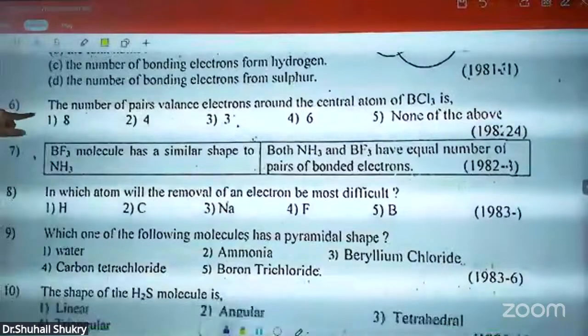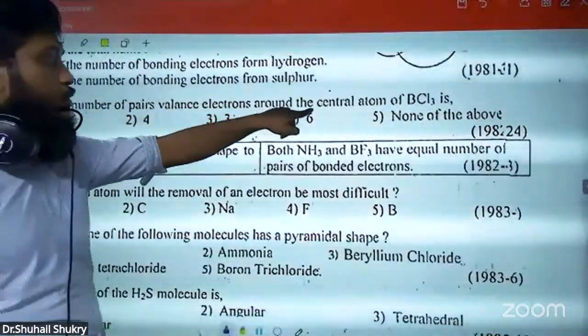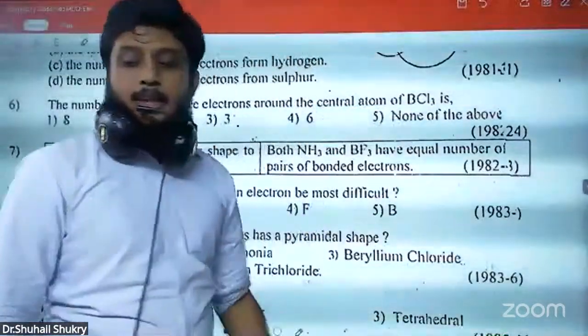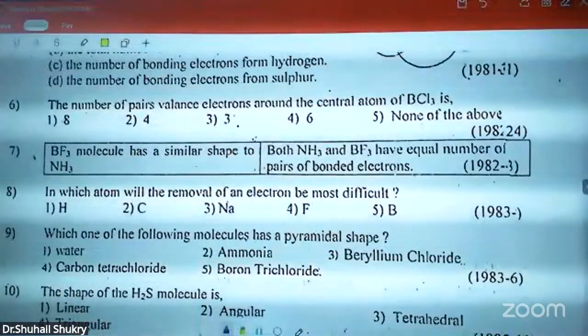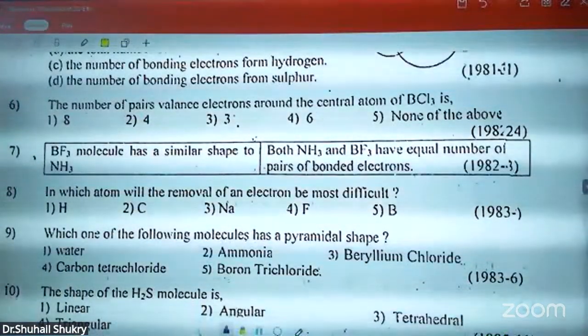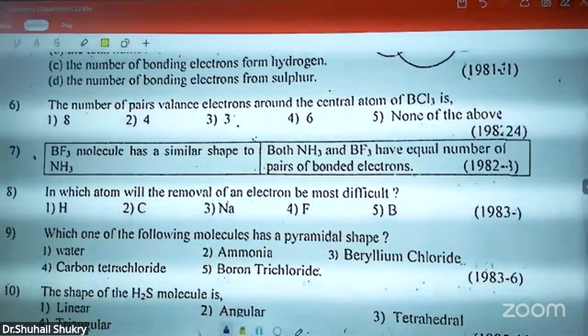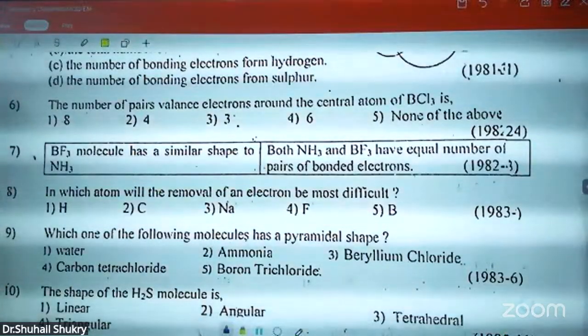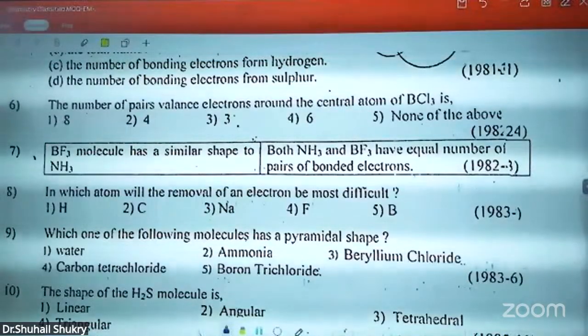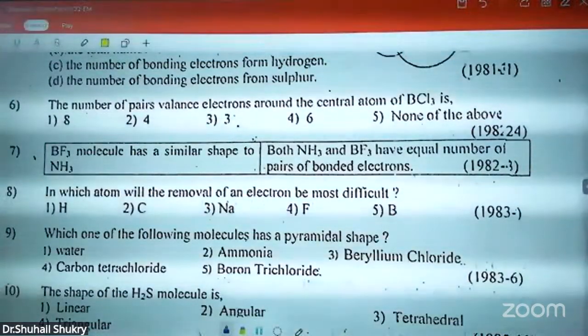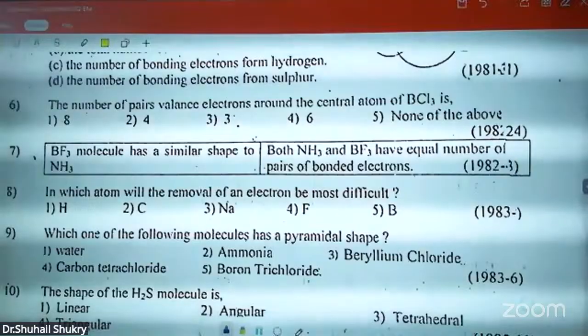The number of pairs of valence electrons around the central atom of BCl3. You all try. You all tell me the answer. Valence electrons we didn't do, no?